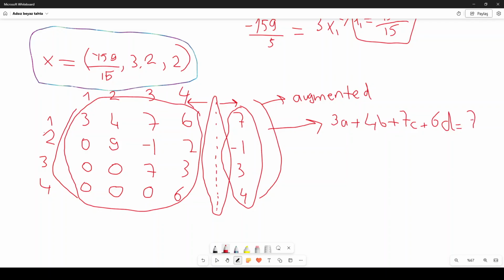So the first row corresponds to the first equation: 3a plus 4b plus 7c plus 6d is equal to 7. I convert the first row to the first equation.